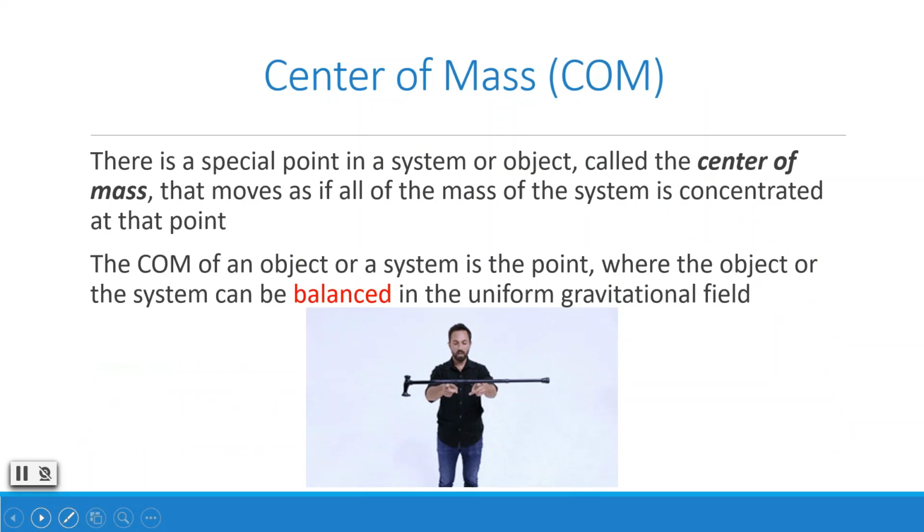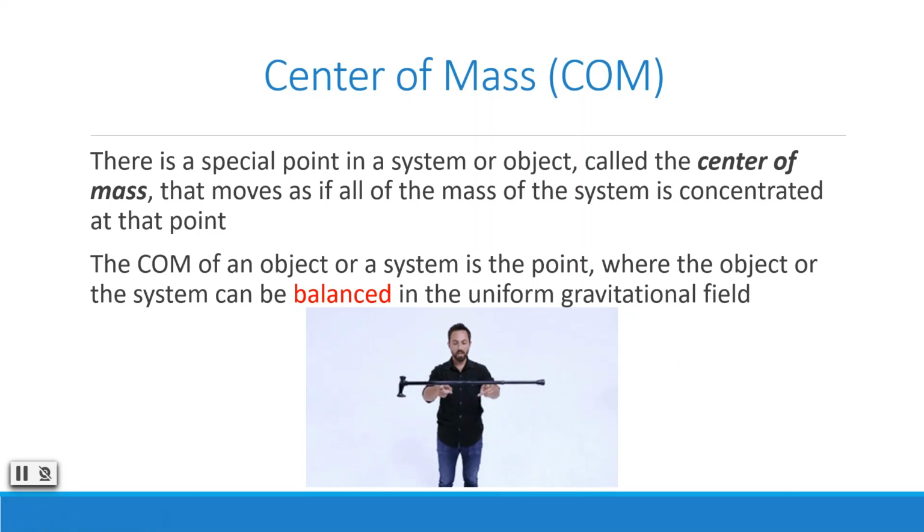So this idea of the center of mass is very, very useful. And it can relate to our idea of rotation and axes of rotation. So in general, when we think about balance, if you were to balance an object at the center of mass, then it wouldn't move.